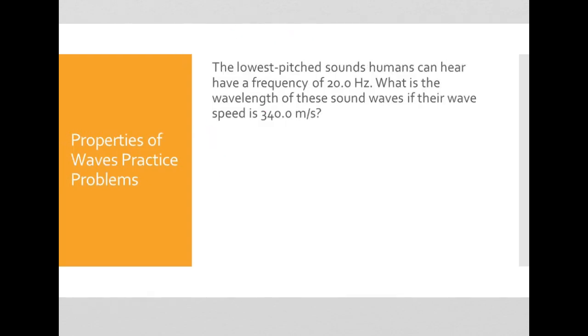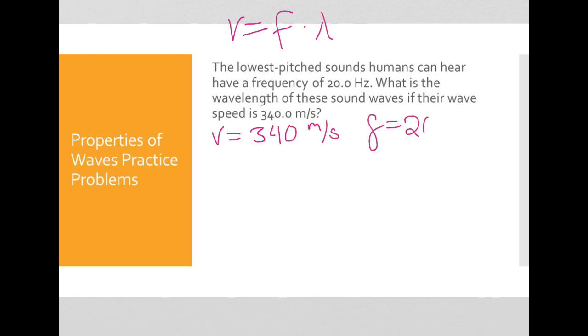The lowest pitch sound humans can hear has a frequency of 20.0 hertz. What is the wavelength of these sound waves if their wave speed is 340 meters per second? So again, let me remind myself, my equation is v equals f times wavelength. I have a speed here of 340 meters per second. My frequency is 20.0 hertz.